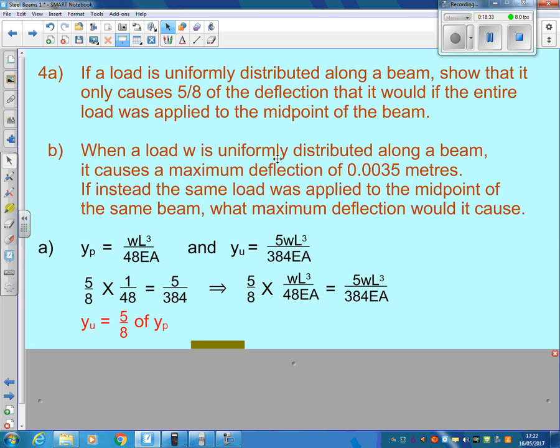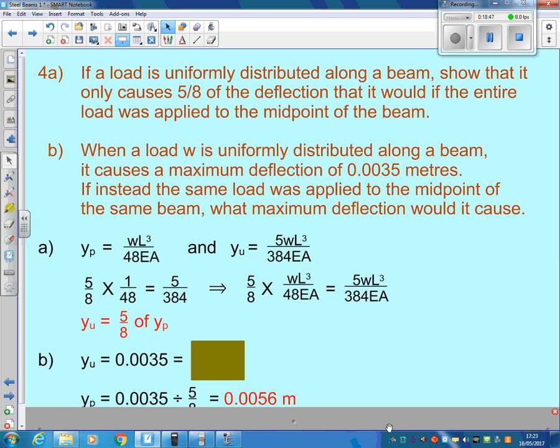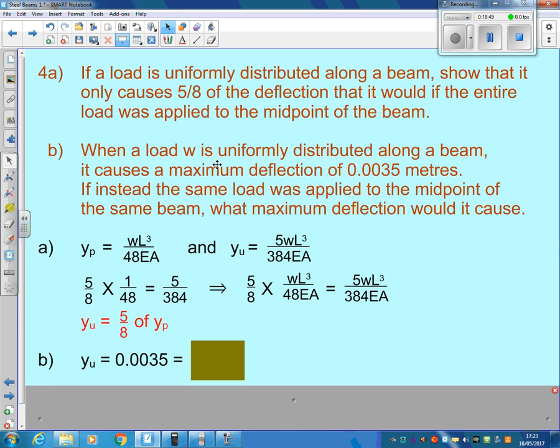When a load W is uniformly distributed, there's the maximum deflection. If instead it was all concentrated in the one point, what would it be then? Well, it's going to be more, isn't it? Because it's concentrated in one point. Let's have a look at what happens. We are told that when it's uniformly distributed, so I'm using yu for my uniformly distributed, it is 0.0035.